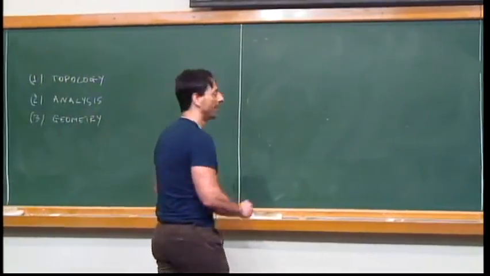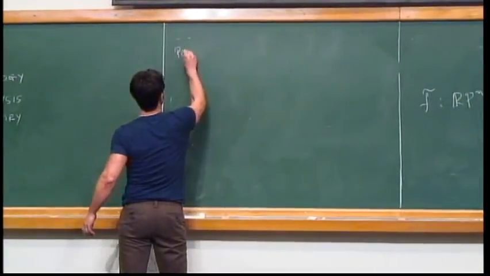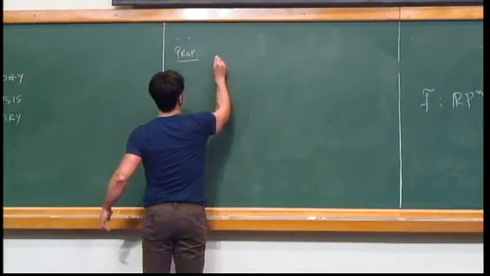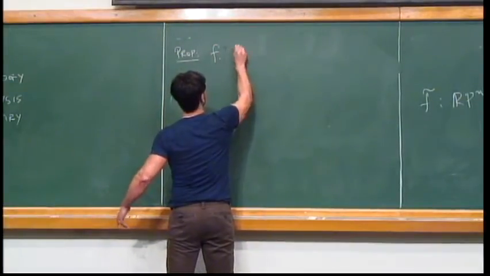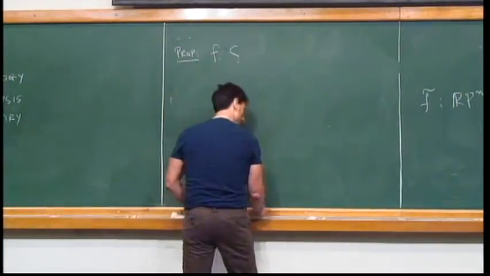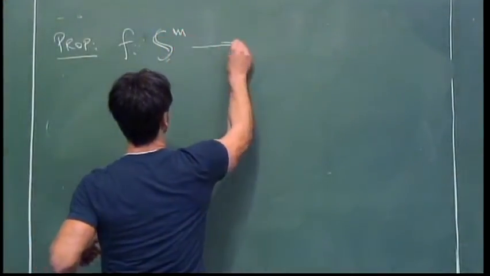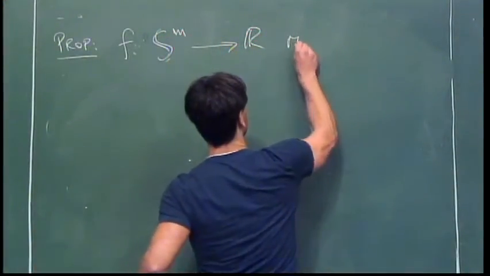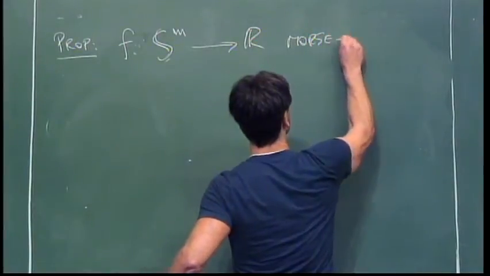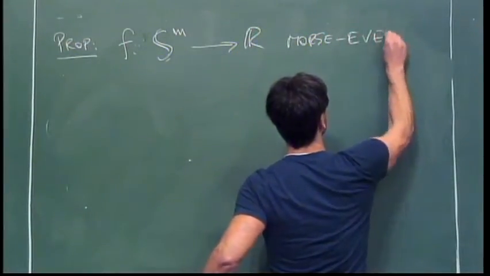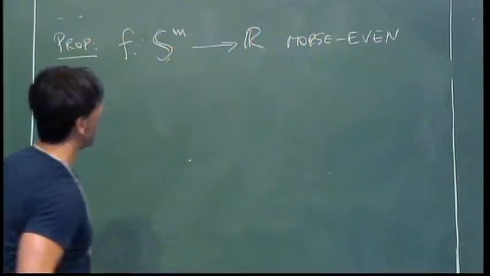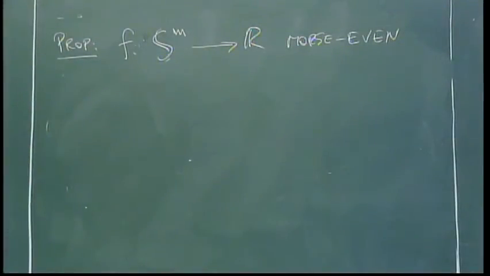So, the proposition is that if you have a Morse even function on the sphere, then you have exactly the same critical points as even functions.